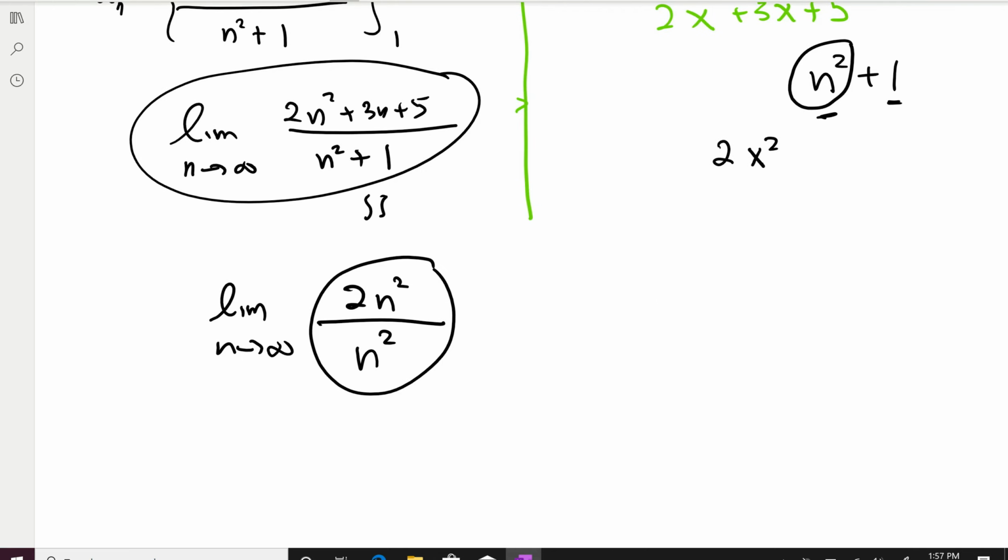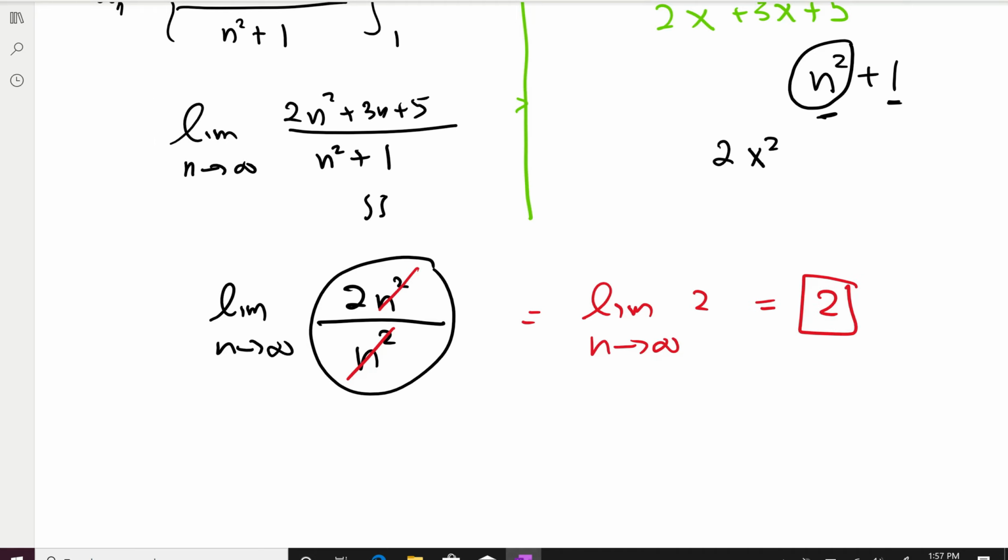Now you can see the nice thing about this is that n squared cancels out. When you're just dealing with the dominating term, certain terms simplify out, and you are left with 2, right? So it's all about taking the limit of 2 when n goes to infinity. So what is it? It's 2. So really the limit of this rational function, when n goes to infinity, is actually 2.